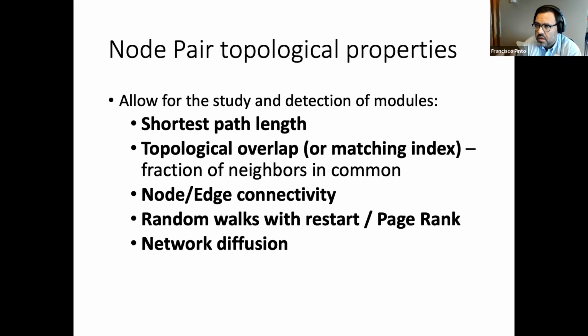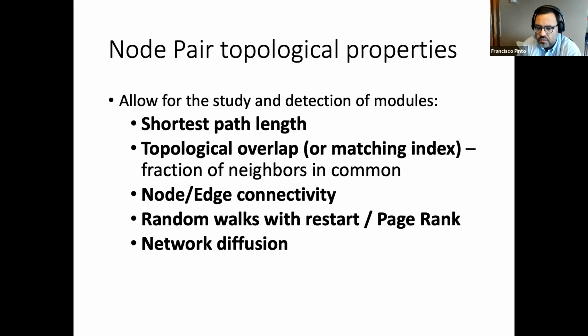That means that five nodes are common neighbors of A and B. So the Jaccard coefficient for computing this topological overlap would be 5 over 25. So it's a way to compute the fraction of neighbors in common.